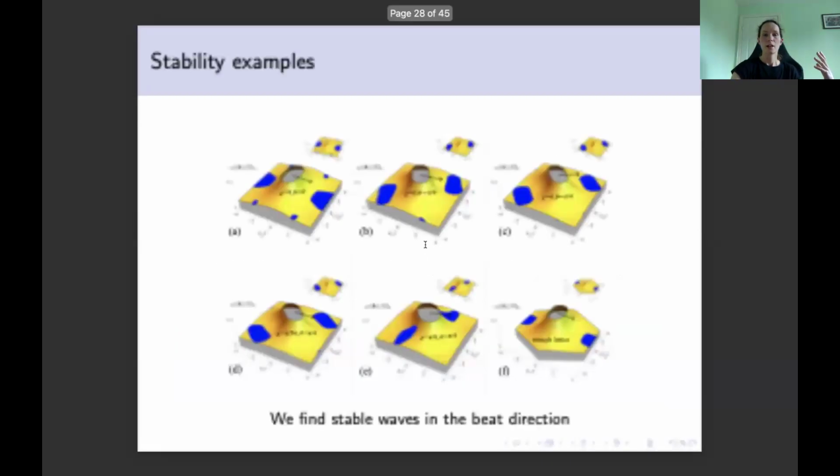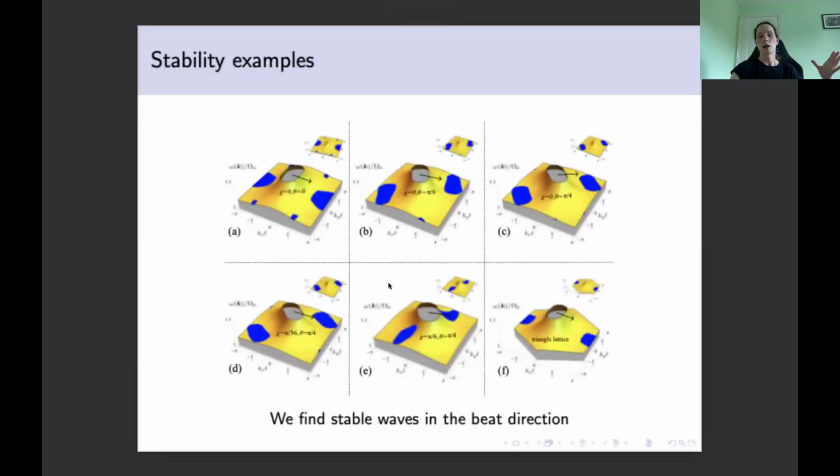So what we can say is that the blue regions show stable wave numbers, yellow regions show unstable wave numbers. If we're trying to predict what kind of metachronal wave could emerge, it's going to have to be something in one of these blue regions.